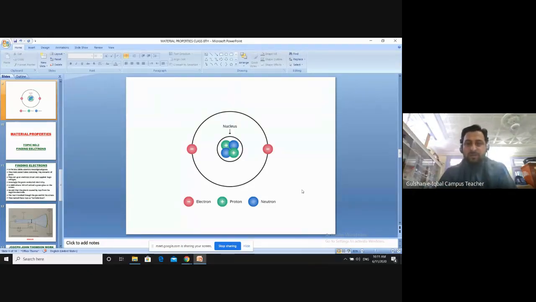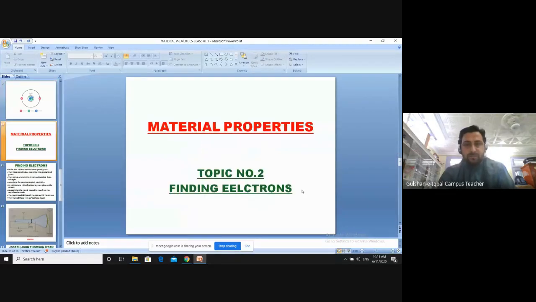There is no charge on the atom. Let's see topic number 2, finding electrons. Now we are going to see how the scientists discovered the different particles. First of all, we are going to see how they discovered electrons.